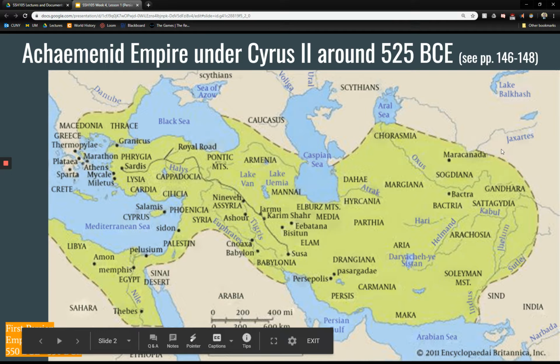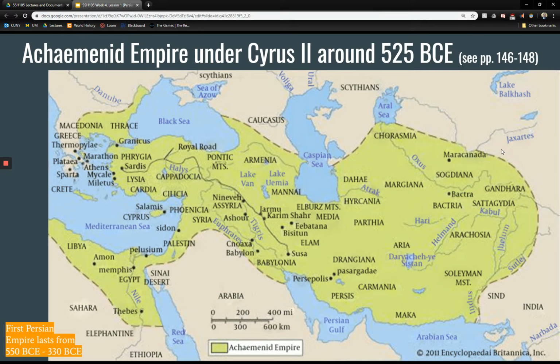So the Persians under Cyrus II had successfully carved out a huge chunk of land, probably the largest empire in history up until this point. Alexander's empire would be slightly larger, and then we have other empires later that are larger, such as the Mongolian Empire.